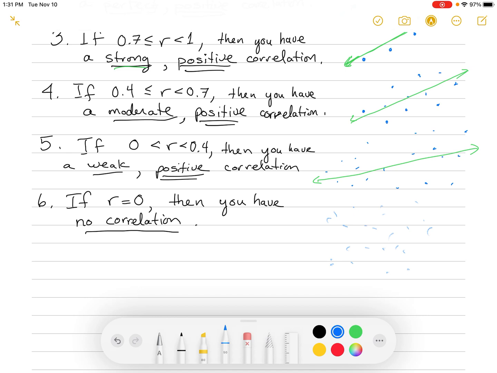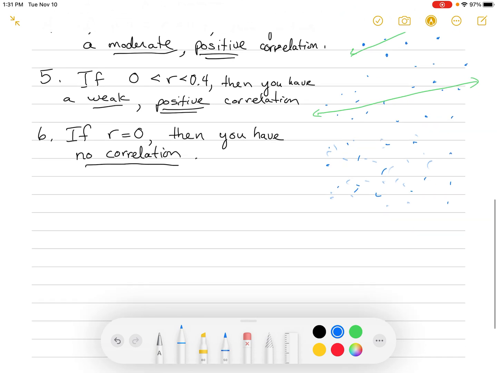Something like that. That could be no correlation, right? There's really not a line that sort of interpolates the points. Points are just in a bad place.